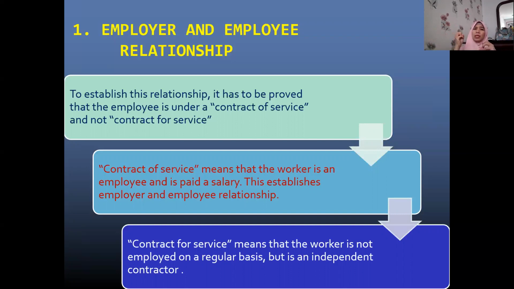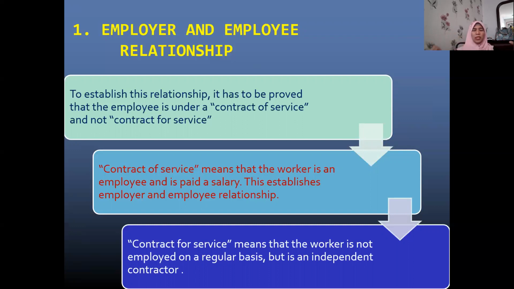Contract of service means the worker, the employee, is paid a salary. Because of the payment of salary here, this establishes employer and employee relationship. So that's basically the simple meaning of contract of service.